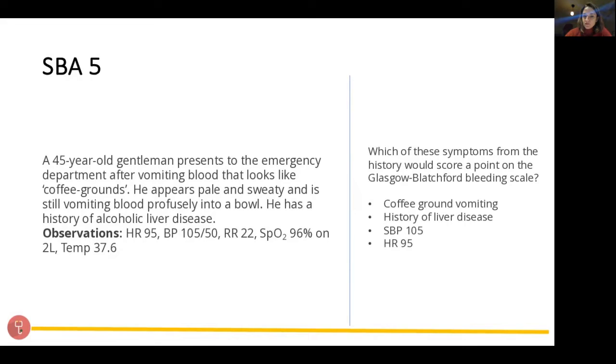Which of these symptoms from the history would score a point on the Glasgow-Blatchford bleeding scale? Is it the coffee ground vomiting? Is it the history of liver disease? Is it the systolic blood pressure of 105? Or is it the heart rate of 95? I'll give you a few minutes on that one. They're always difficult when they ask you to remember exact figures for these scoring systems.